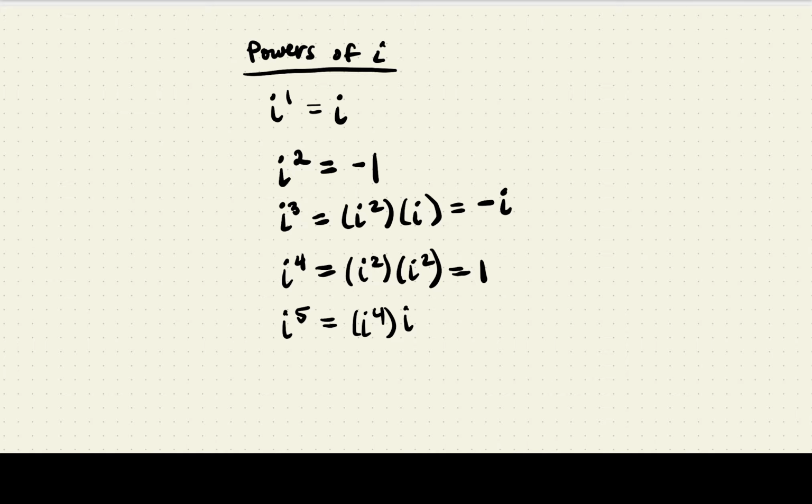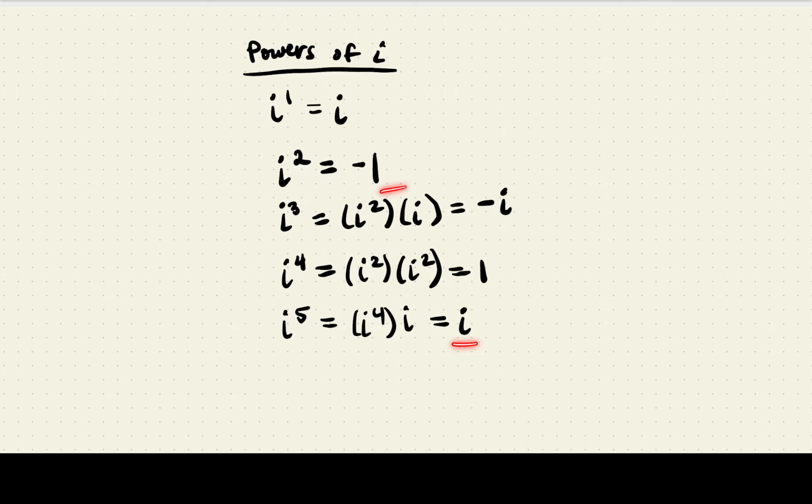Well, that's 1 times i, because i to the fourth is 1. So I'll replace that with 1, and I get i. Notice that when I get to i to the fifth, I have just repeated, I get back to the beginning case of i to the first. If I go to i to the sixth, I'll get negative 1. The pattern repeats: i, negative 1, negative i, 1.